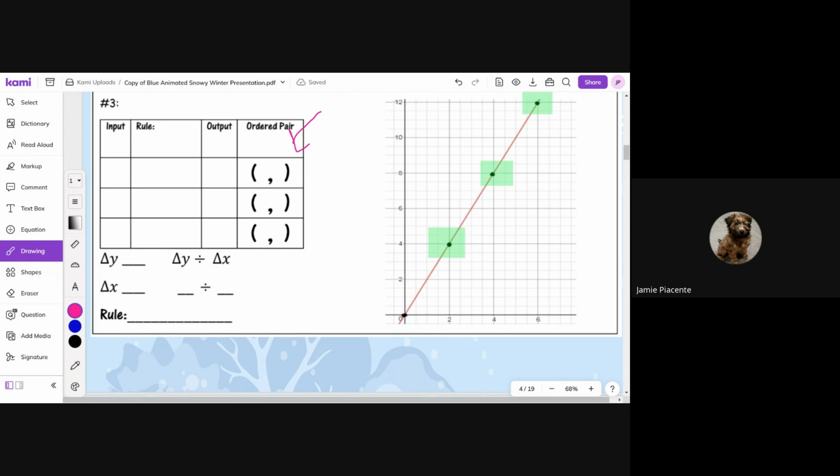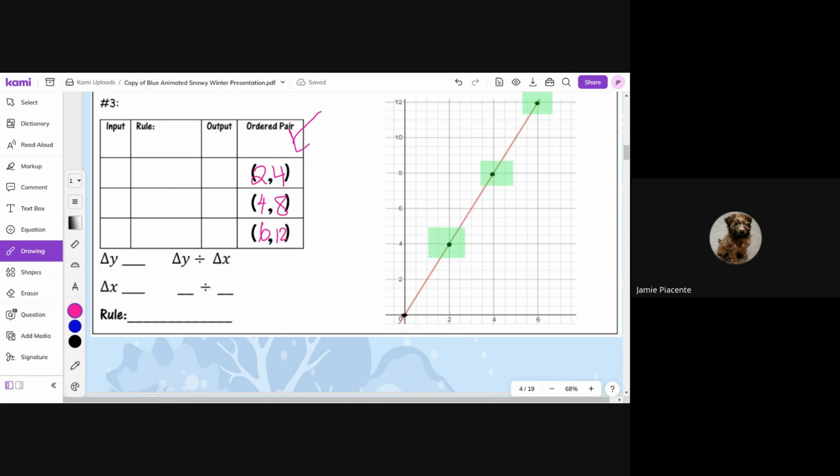Okay, first point is 2, 4. Next point, 4, 8. Last point, 6, 12. If you have that, awesome. If you don't, please erase and fix so you have the right stuff. Otherwise, it's not going to work and you're going to get a wrong answer.